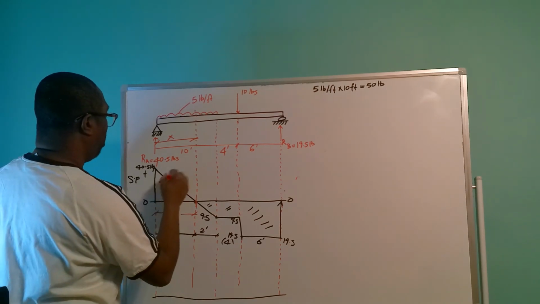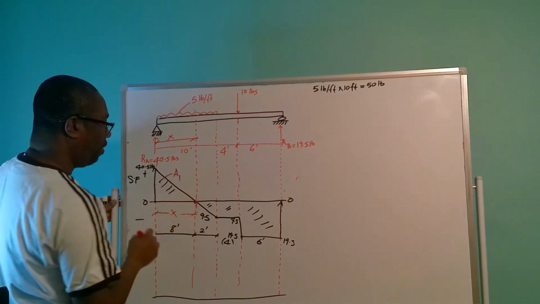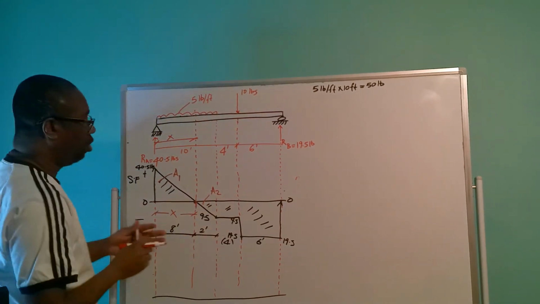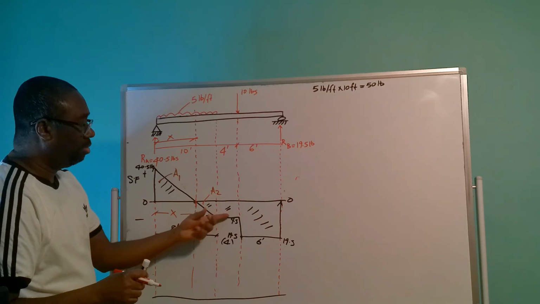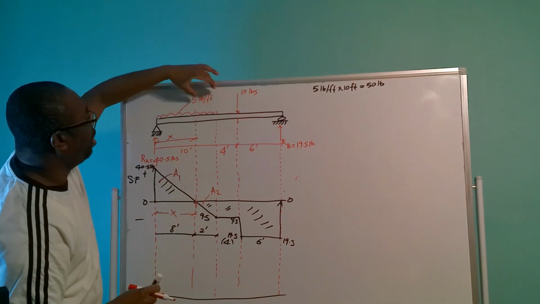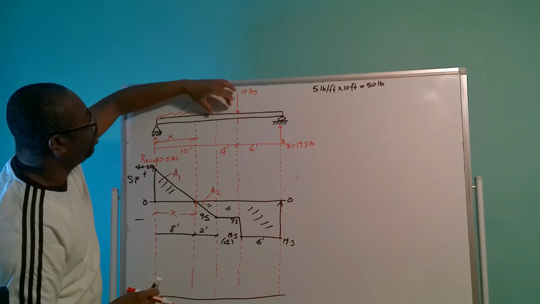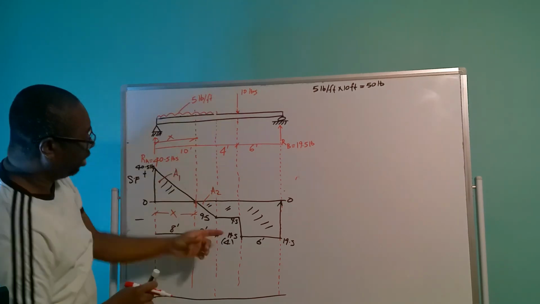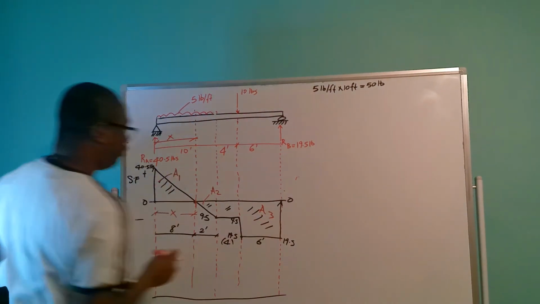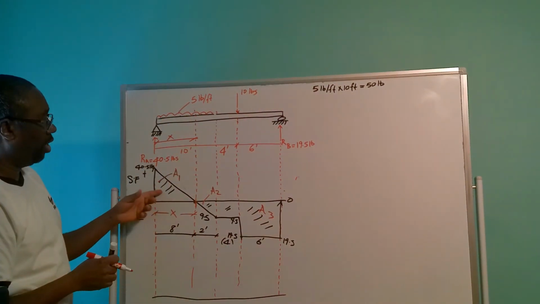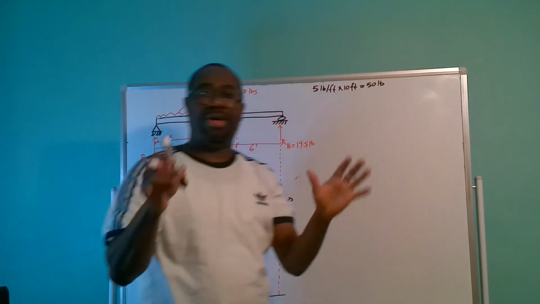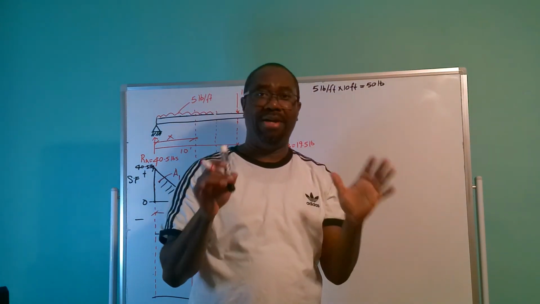This is going to be area 2. We're not going to calculate the area in between, since there's no load between the 5 pound foot load and the 10 pound load. But we're going to calculate area 1, area 2, area 3 to determine the maximum bending moment.